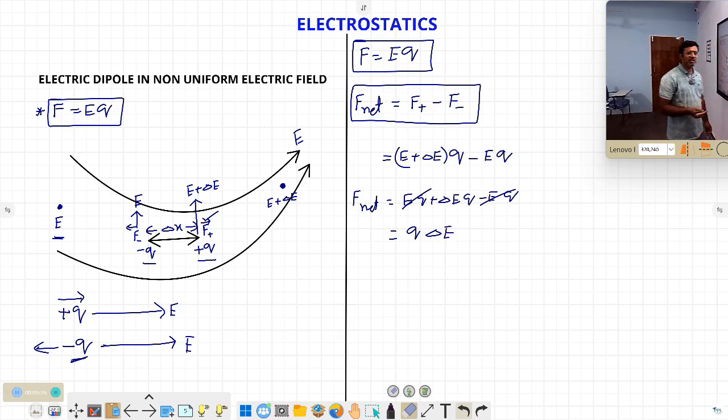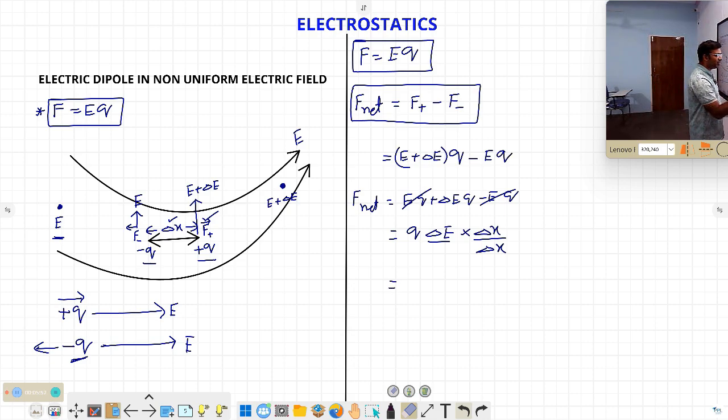To get the expression in terms of dipole moment, because the dipole has a dipole moment, what I'm doing is this: the small change in electric field exists over the small length delta x. Yes or no? Within this small region, the electric field is changing. That's why, to write in terms of delta x, multiply and divide by delta x. Delta x by delta x, mathematically, nothing will happen.